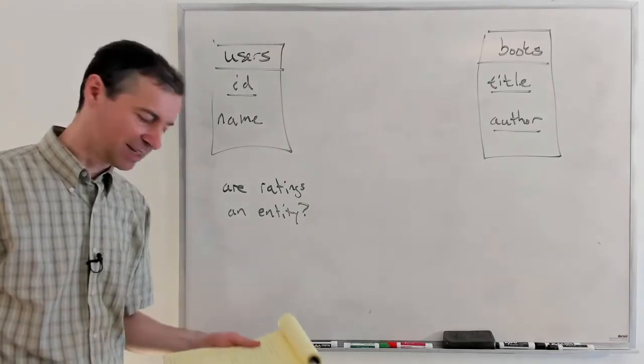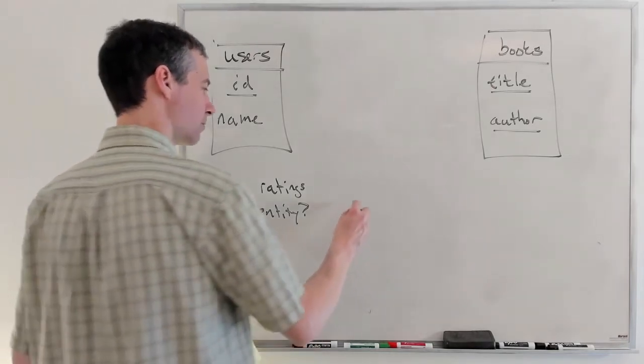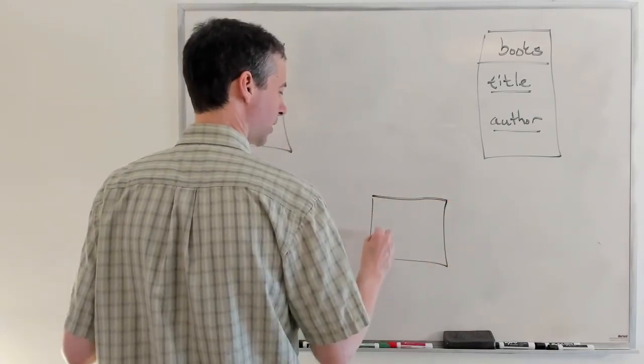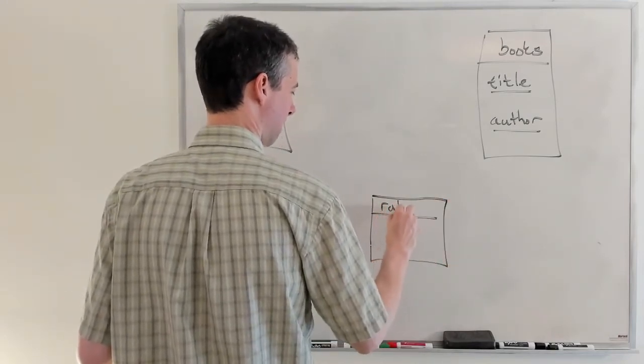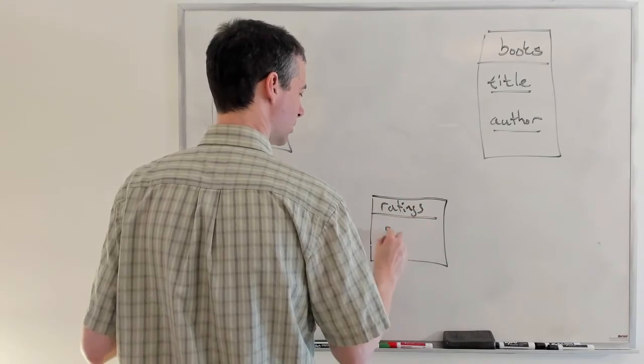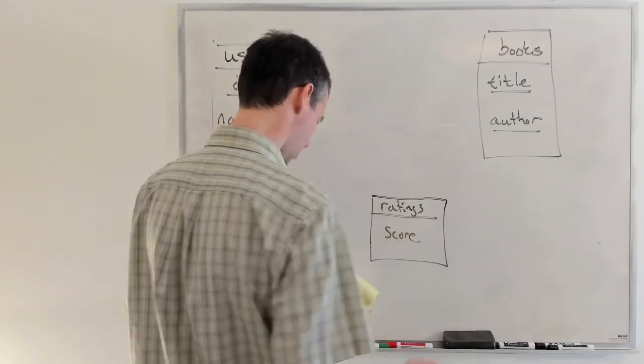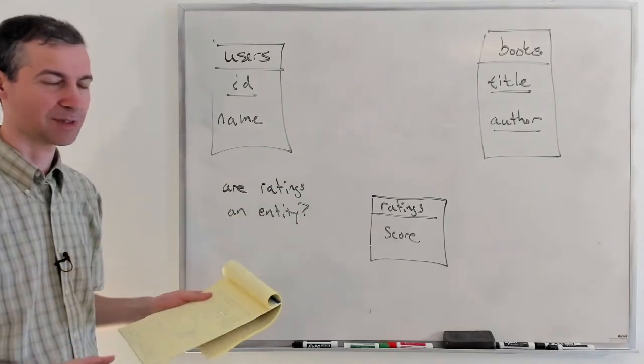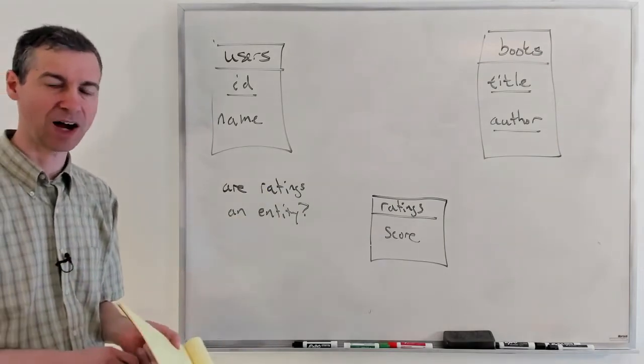Are they an entity? If I was to do ratings as an entity, so I'll make them an entity, ratings, and score. This weirds me out.